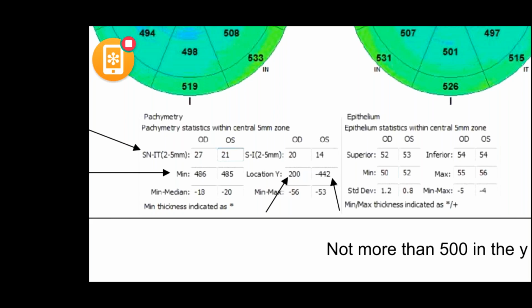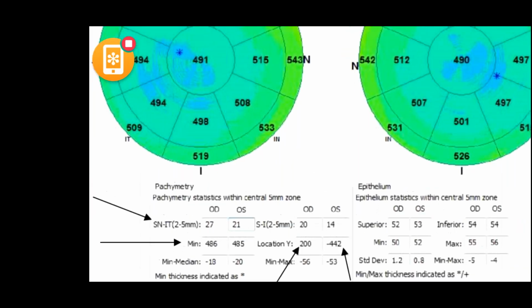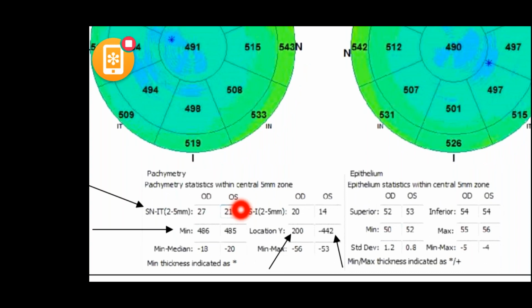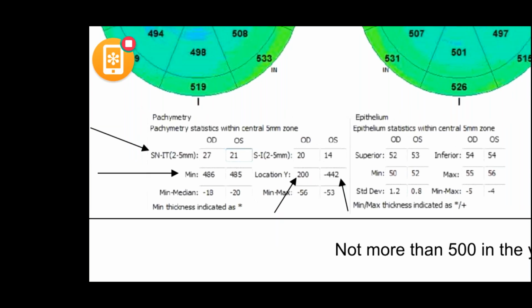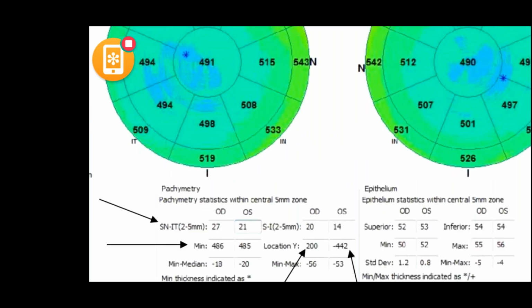And you also want to look over here at the y-axis. You know that this is the x-axis and this is the y-axis. When you look at the thinnest point on the y-axis, you're looking at 200 and 442, in the right and the left. We're talking about this point. In the y-axis, if it starts drooping down more than 500, I start getting suspicious.